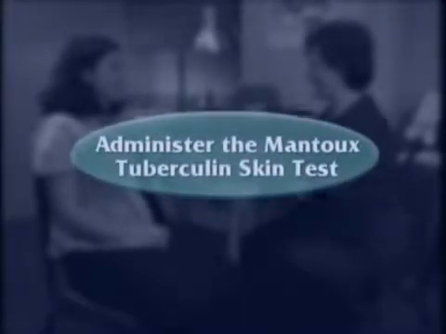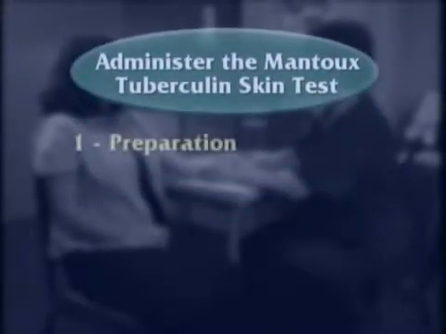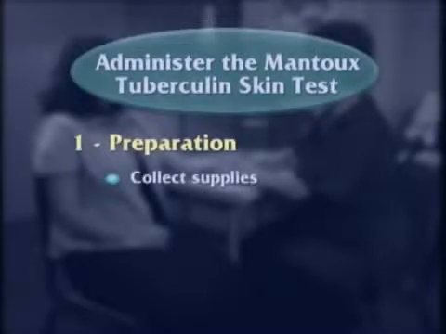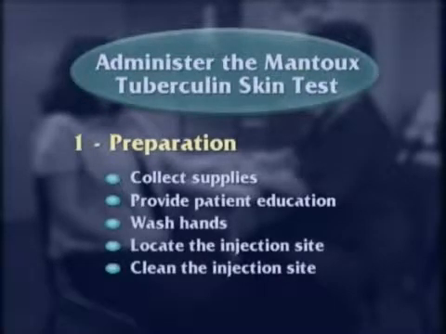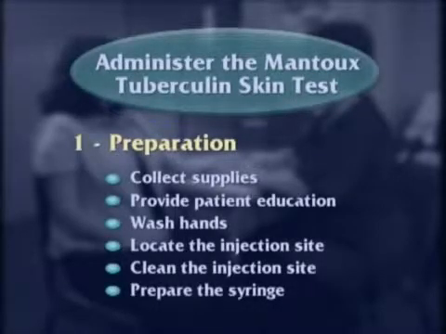In review, remember that when you administer the Mantoux tuberculin skin test, the preparation steps include collecting the supplies, providing patient education, washing your hands, locating and cleaning the injection site, and preparing the syringe.